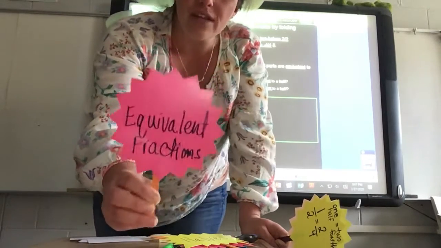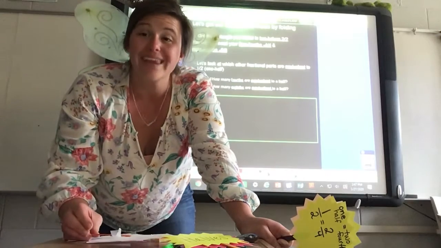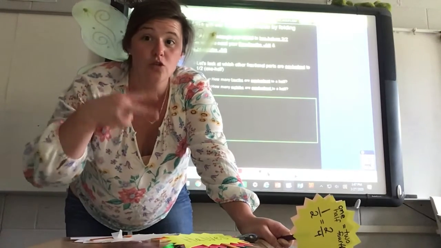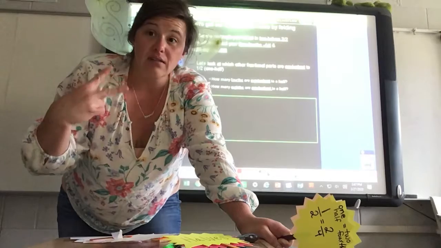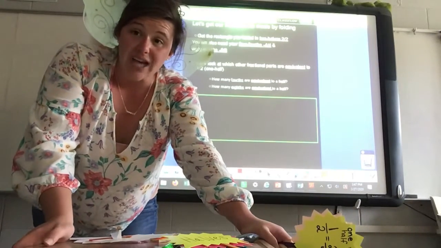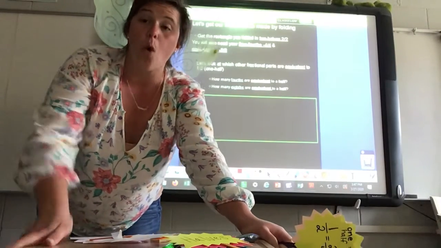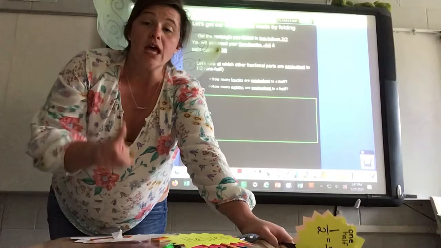Equivalent fractions are fractions that are equal. The two parallel lines, that symbol, equal. Last time we found all the equivalent fractions that were equal to one whole.